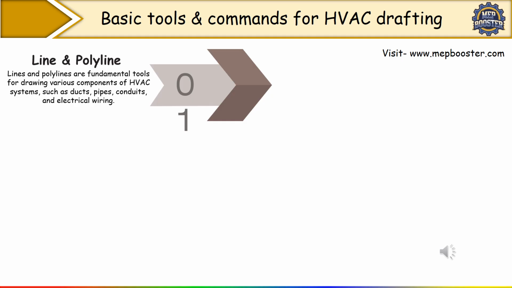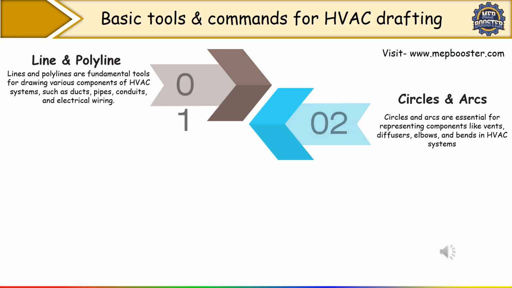Now the next tools and commands are the circle and arc commands. Circles and arcs are essential for representing components like vents, diffusers, elbows and bends in an HVAC system.